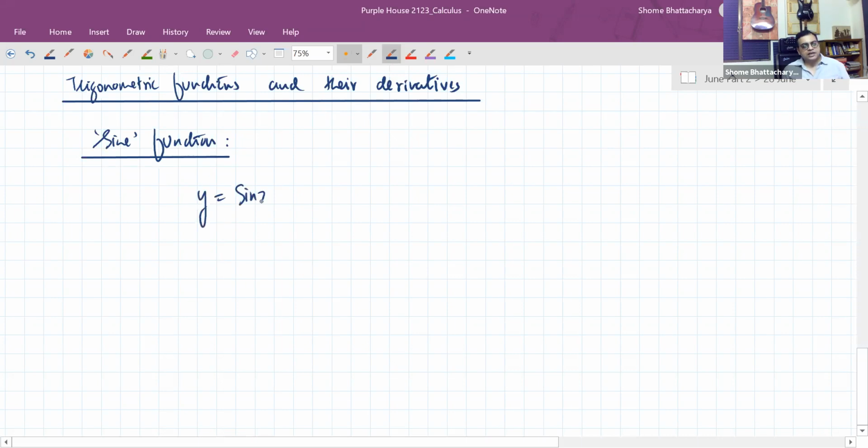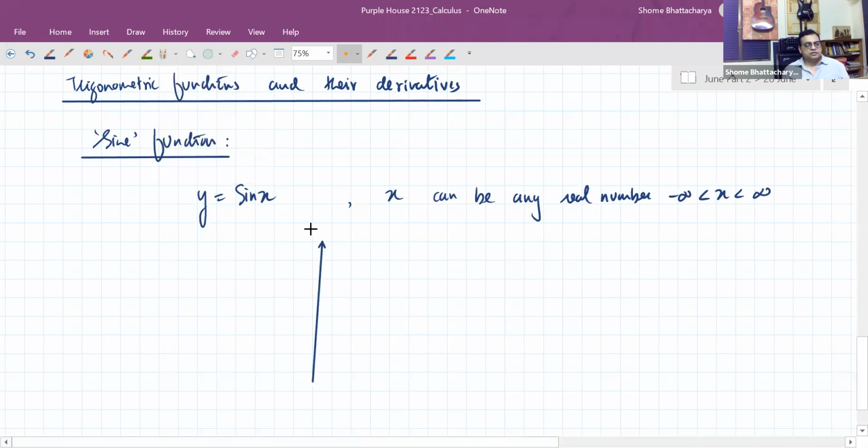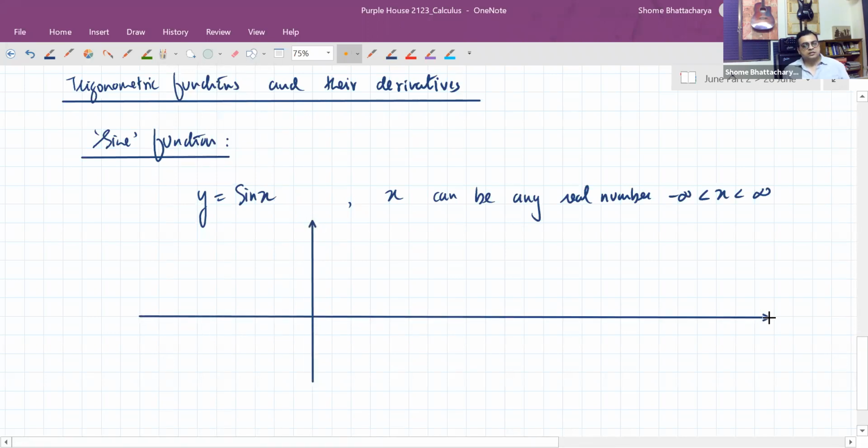So y is equal to sine x is this function where x can be any real number, that is, x going from minus infinity to infinity. The value of sine x works in such a way that if we plot sine x versus x, we get this kind of a shape.